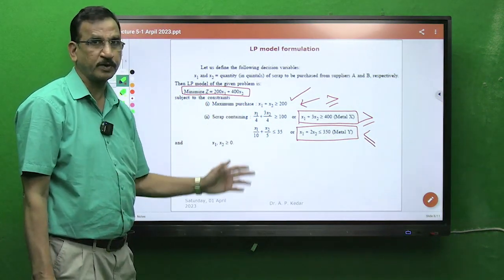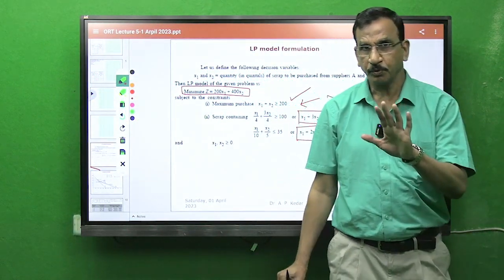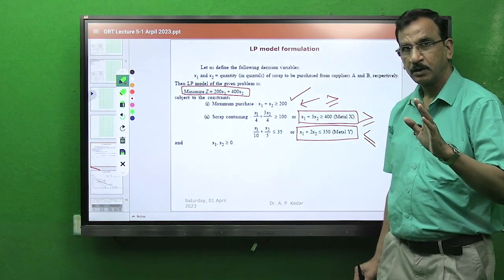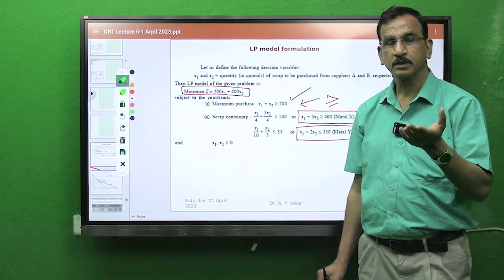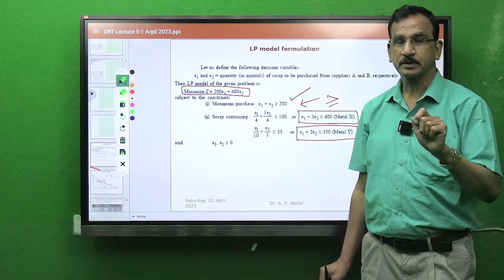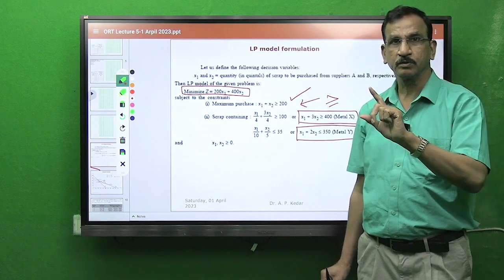So this is the fifth variety of problem. We have seen 4 varieties earlier. All constraints less than. Second variety, all constraints greater than. Third variety, mixed constraints, less than equal to and greater than equal to.